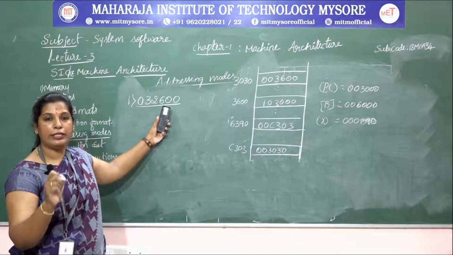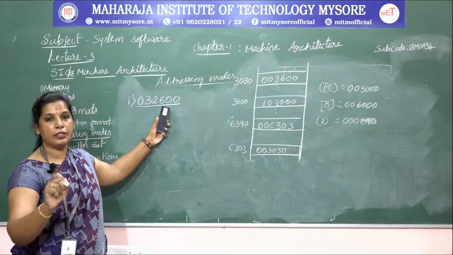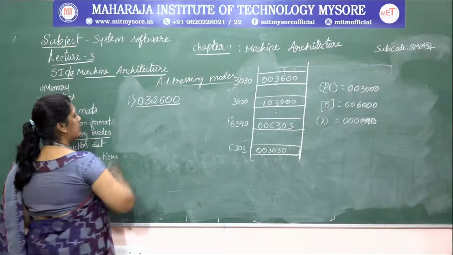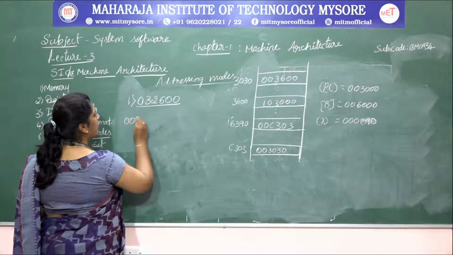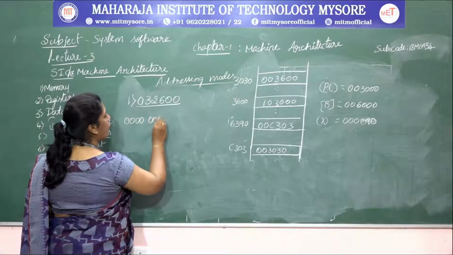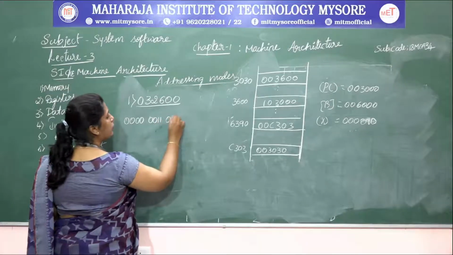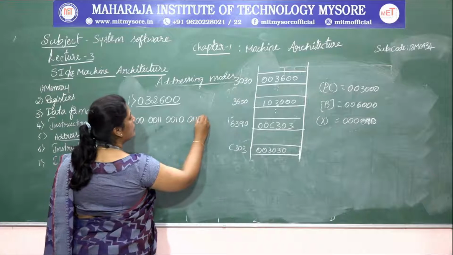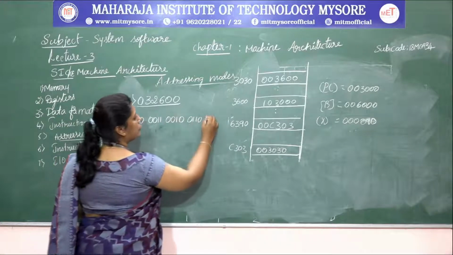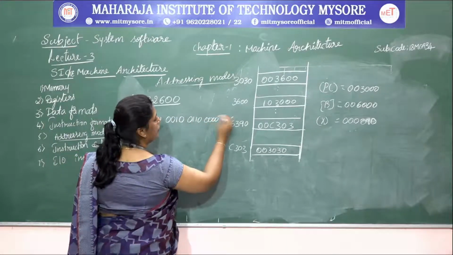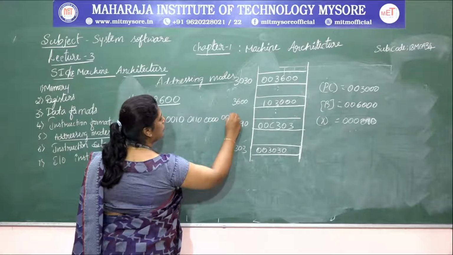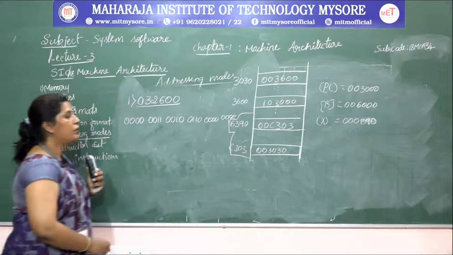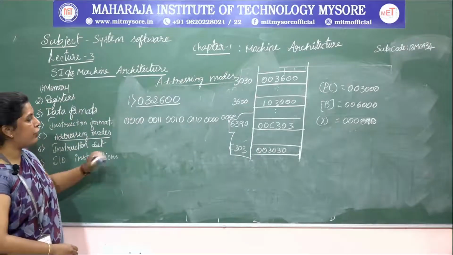We have to decode each hexadecimal digit into its binary code of 4 bits. For 0, we take 0000. For 3, it is 0011. For 2, it is 0010. For 6, it is 0110. For the two zeros, we take 0000 and 0000. So this is how we can decode it.